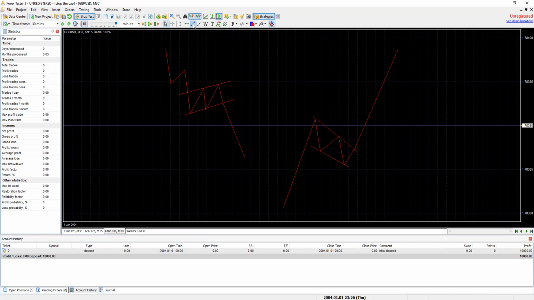So for me personally, I enter based on the break of the neckline. You see you have this movement up, and it could be multiple other movements.